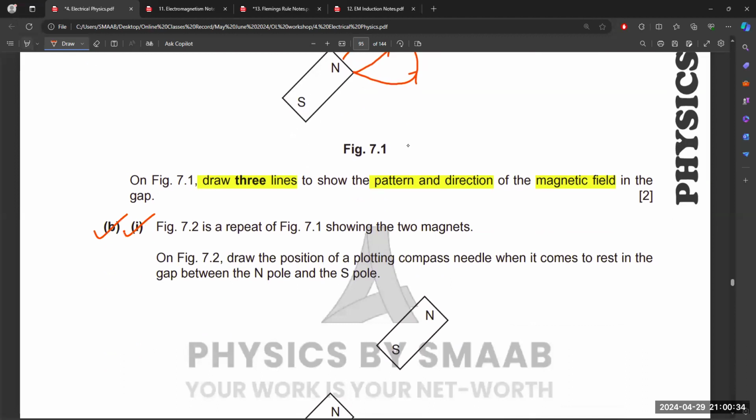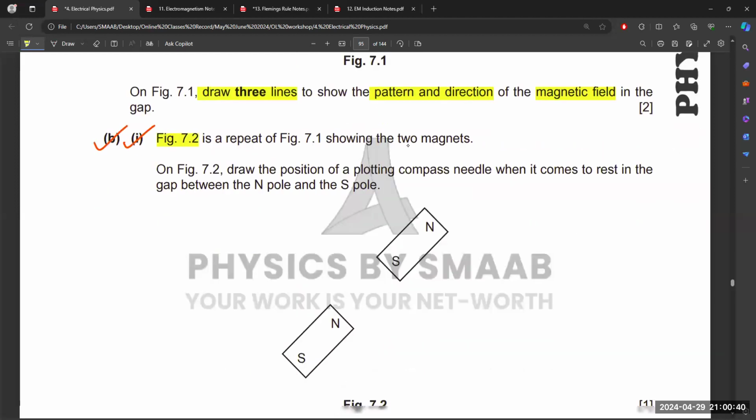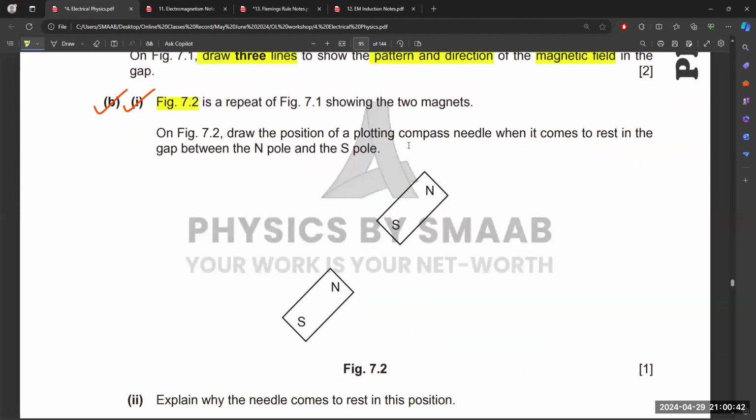Part B: figure 7.2 is a repeat of figure 7.1 showing the two magnets. Okay. Now on figure 7.2, draw the position of a plotting compass needle when it comes to rest in the gap between the north pole and the south pole.